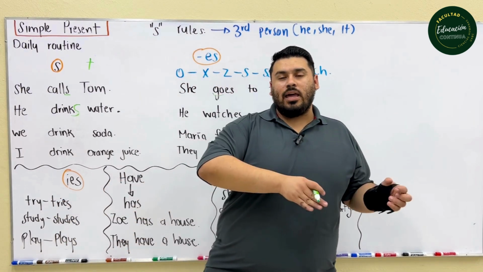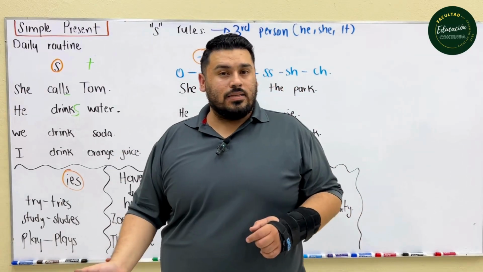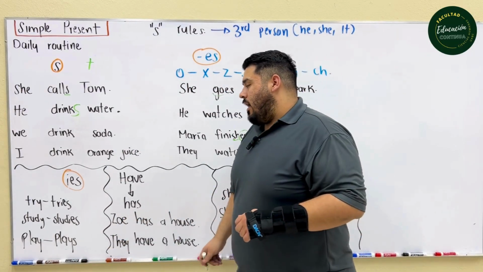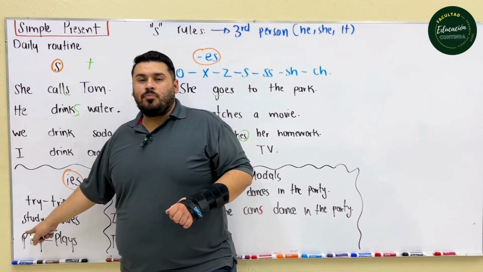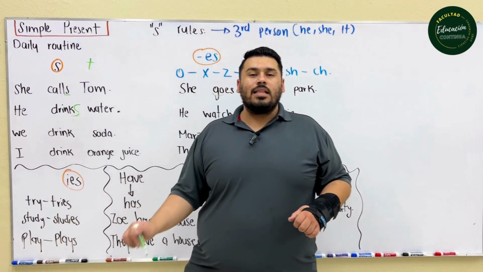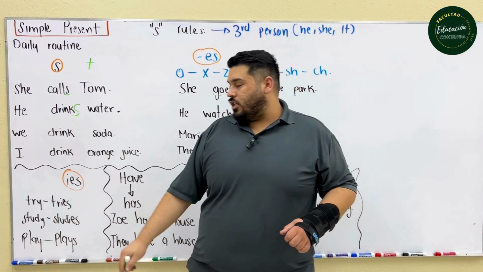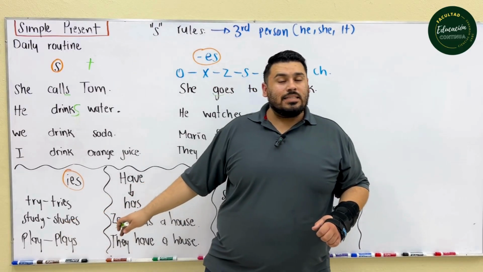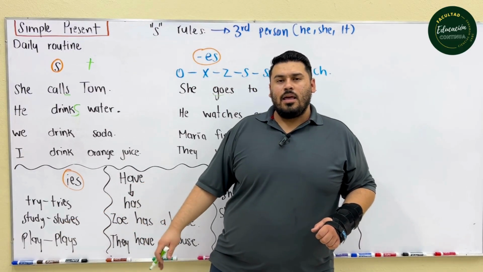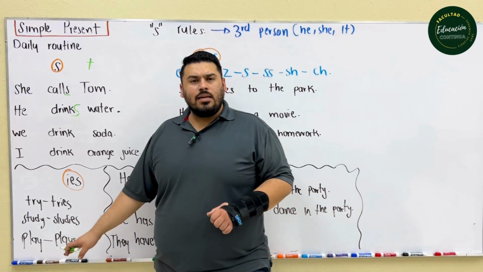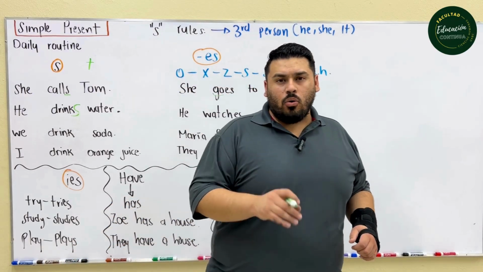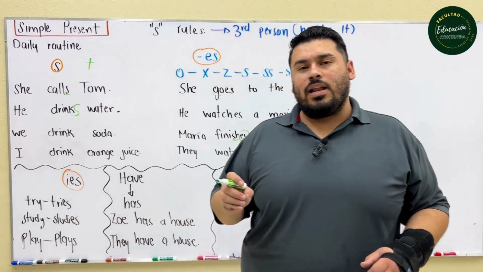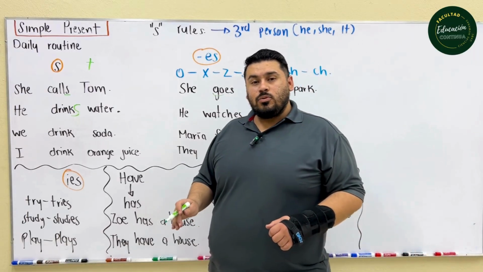Instead of try, it changes to tries. Now, study ends with Y and changes to studies. But what happens with the word play? The word play also ends with the letter Y.